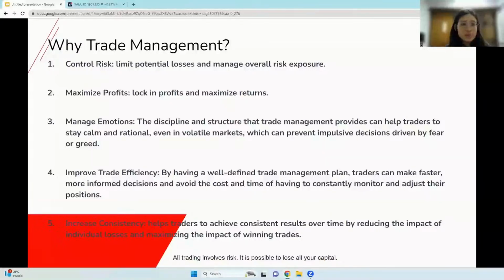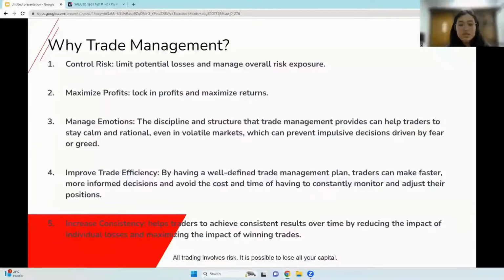Thirdly, manage emotions. The discipline and structure that trade management provides can help traders to stay calm and rational even in volatile markets, which can prevent impulsive decisions driven by fear or greed. Fourth, improve trade efficiency. By having a well-defined trade management plan, traders can make faster, more informed decisions and avoid the cost and time of having to constantly monitor and adjust their positions.